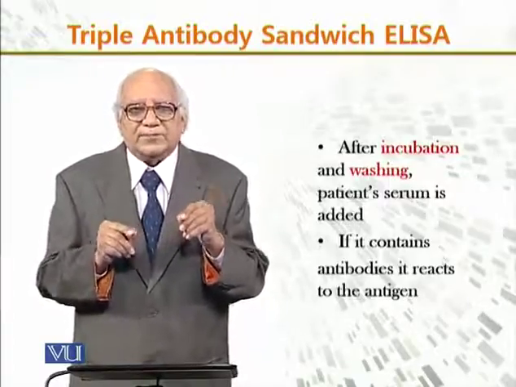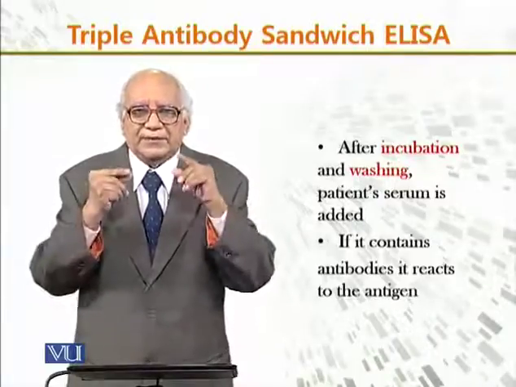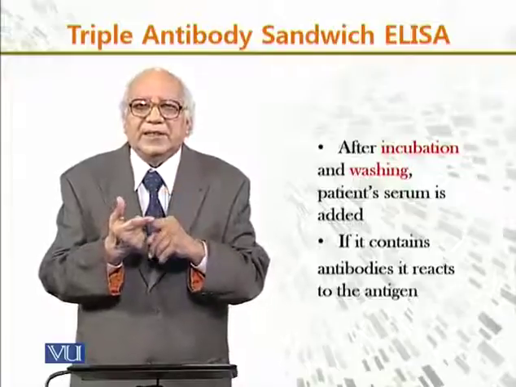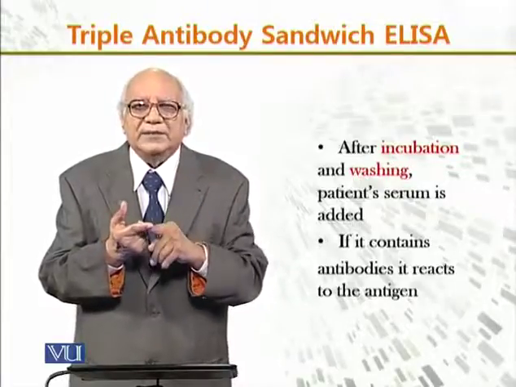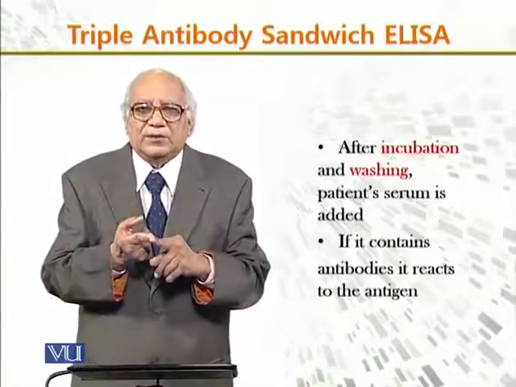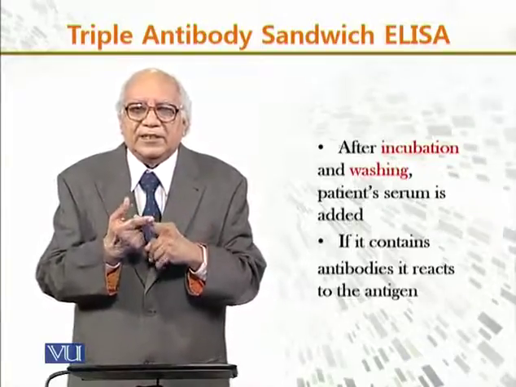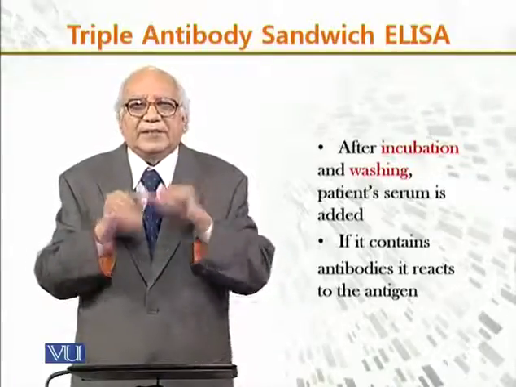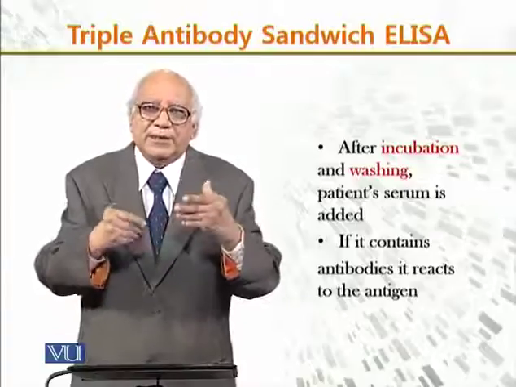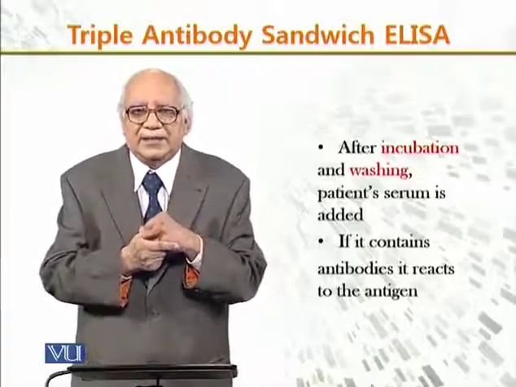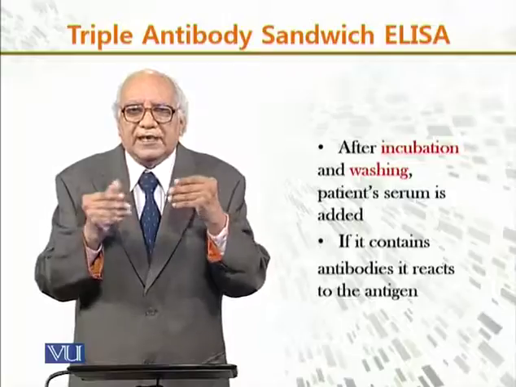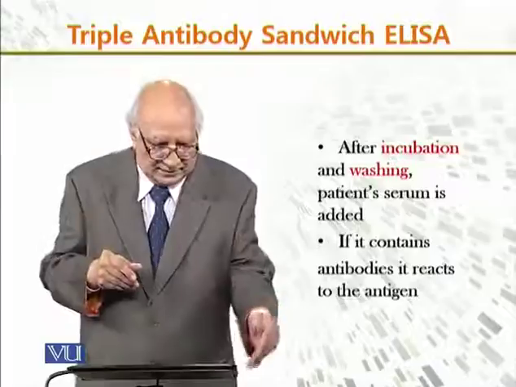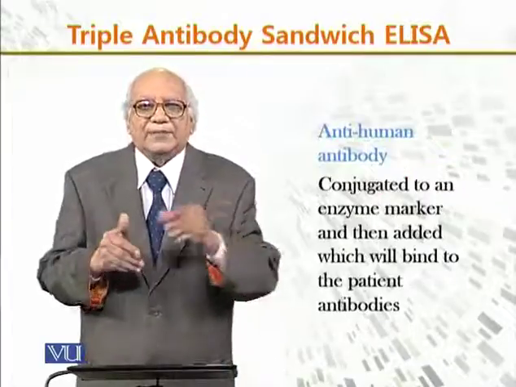So first you take the microtiter plate, add the viral coat protein, and after incubation and washing, the patient's blood serum, which we suspect may contain the antibody, is added. If it contains the antibody, naturally it will react with the antigen.